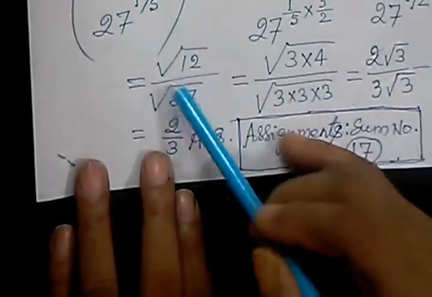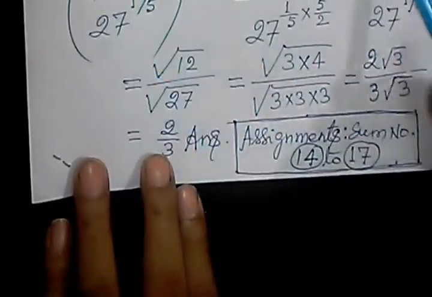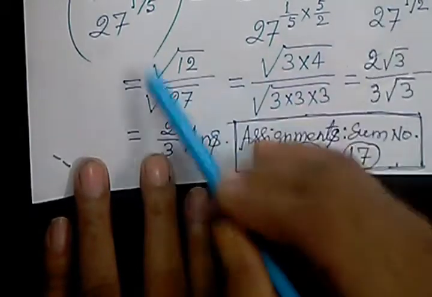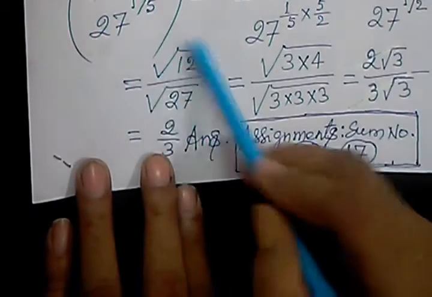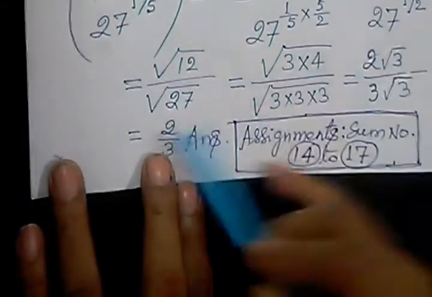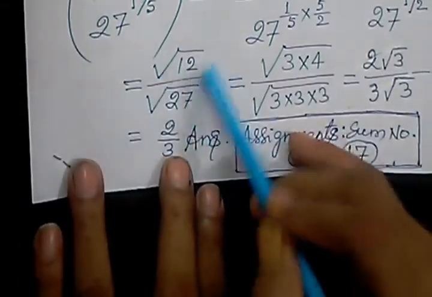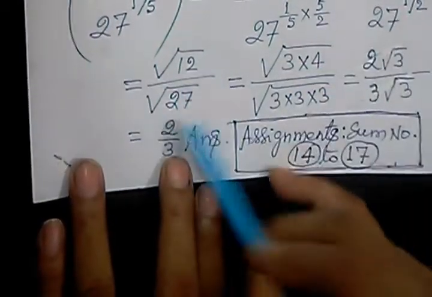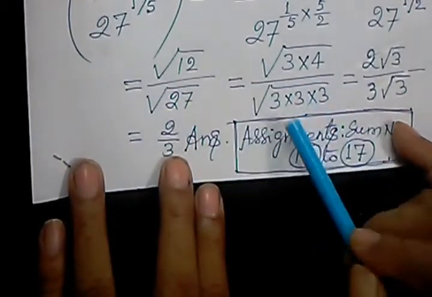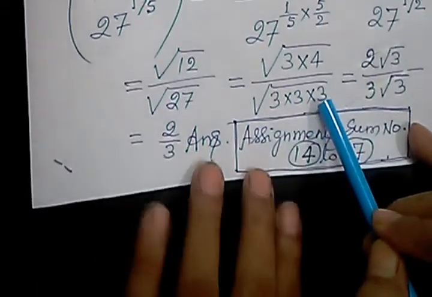Now further you see, in the numerator it is root 12, because half power means it is a square root. So square root of 12, and in the denominator a square root of 27. Now break this 12, it will be a square root of 3 into 4, and 27 is a square root of 3 into 3 into 3.